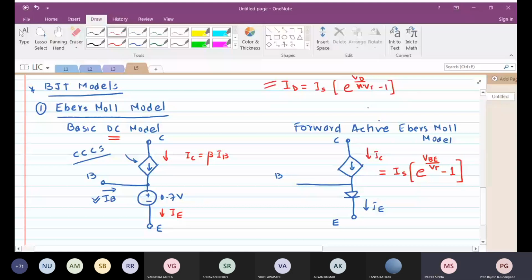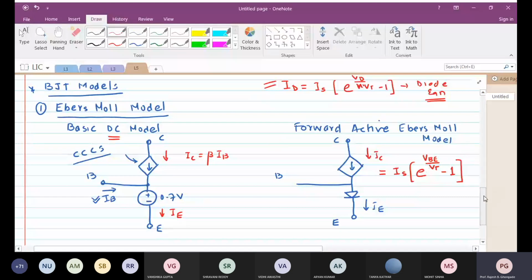Absolutely, it is going to be similar because again it is a junction diode, junctions which are coming into picture. So this is the basic diode equation, also called the Shockley equation. It is very similar to that. In fact, it is the same, as you can see very well over here.